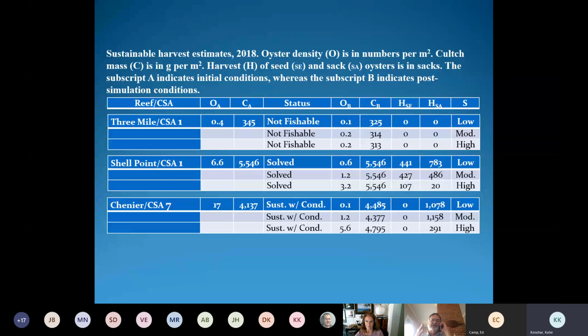So in this case, with the conditions that we put on the simulation, in terms of the fishing scenario, there is actually a net gain of culch.